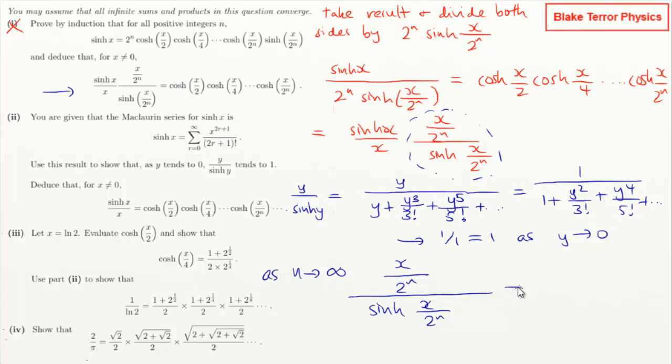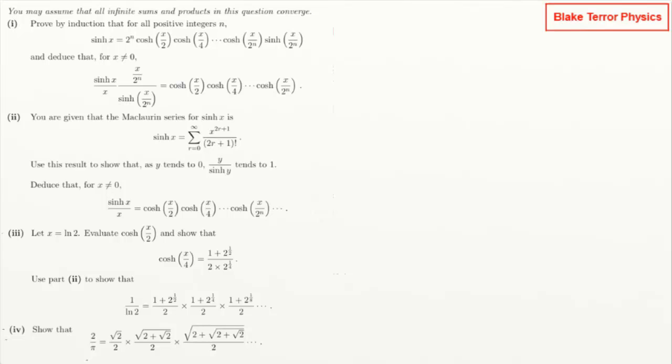So that is tending to 0 over sinh 0, which is what we've just shown tends to 1. Therefore, we've got the result that we want. Okay, so that was a quick part 2. Onwards to part 3. So let x equal natural log 2, evaluate cosh x over 2.